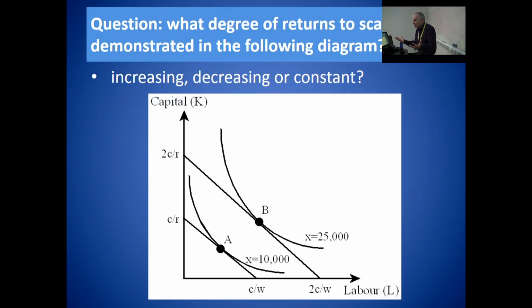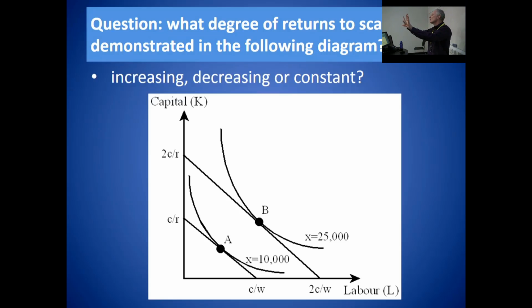So that was in our definition of increasing returns to scale: if output increases by a greater proportion than the increase in factor inputs. So we've doubled all factor inputs, output has more than doubled. That's increasing returns to scale. So, in this diagram here, we've got increasing returns to scale.